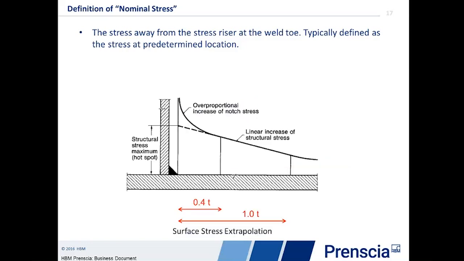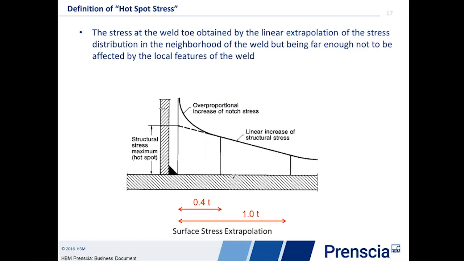An improvement to this is what's known as the hotspot stress. Here, instead of looking at a single location adjacent to the weld toe, they look at two locations away from the weld toe and linearize or extrapolate the stress to the weld toe location. Again, what we're looking to do is pick up stresses not influenced by the weld itself, yet use those to predict what's happening at the weld toe if the weld toe was not there.